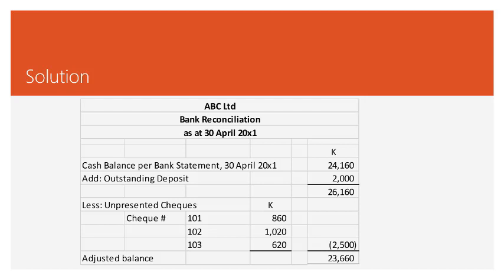Get the total, so we have an adjusted balance of 23,660. Now the cash at bank ledger balance should be equal to 23,660 when adjusted. Let's see the checking that we have done on the next page.